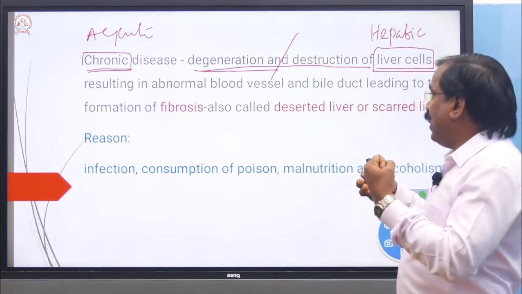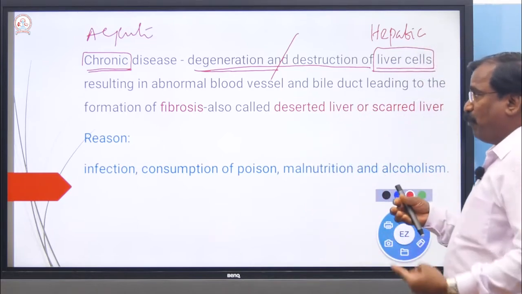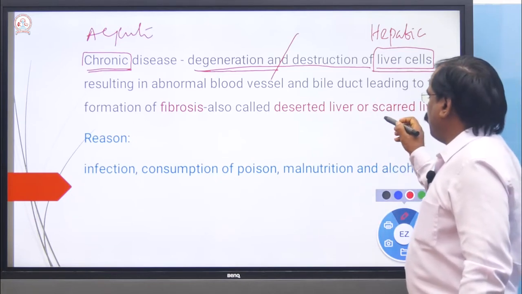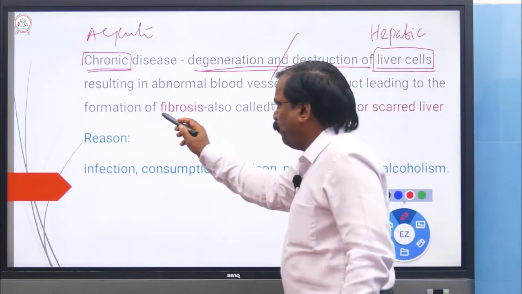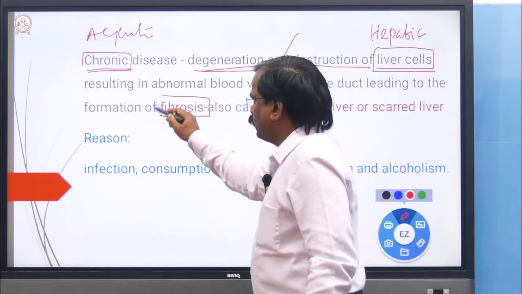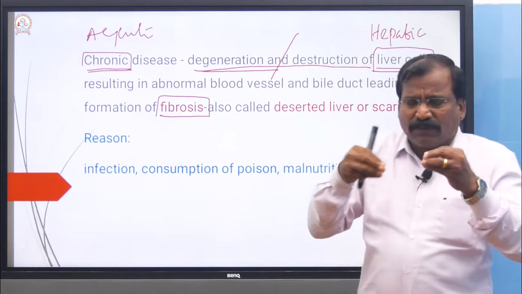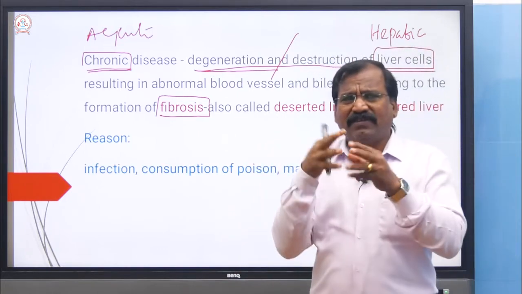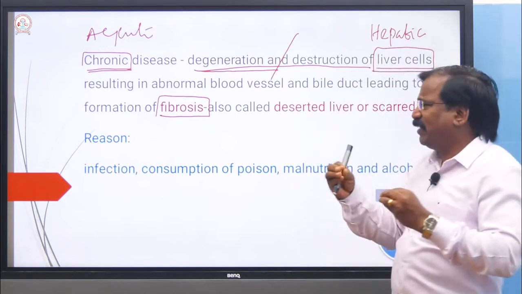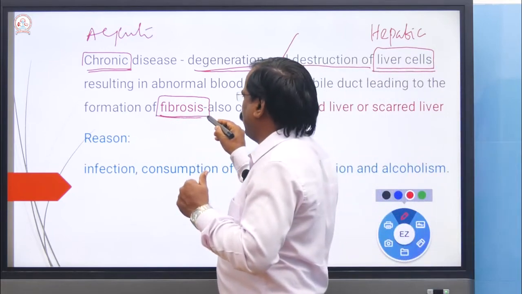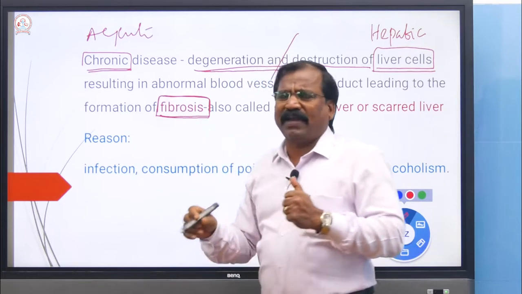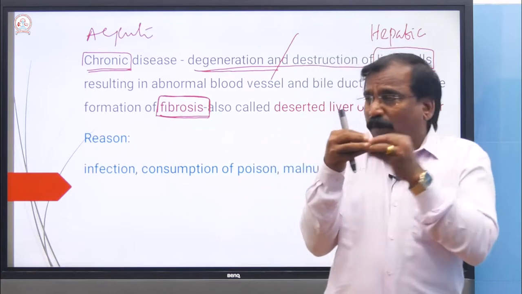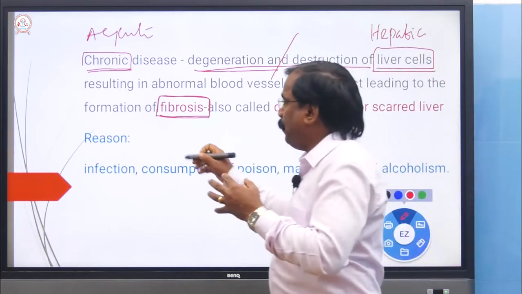Very important: the hepatic cells become scar cells, or fibrosis. The liver cells, which are soft and spongy in nature, are converted into fiber-like, hard scar tissue. Normal hepatic cells are replaced by parenchyma cells.